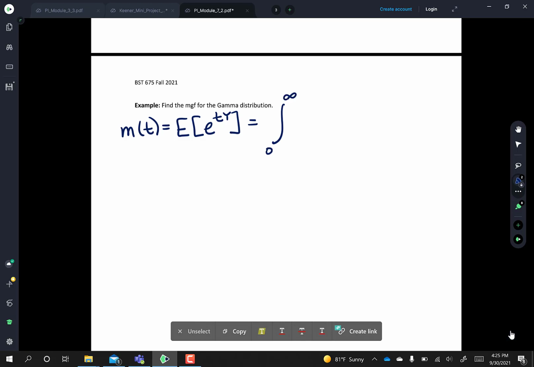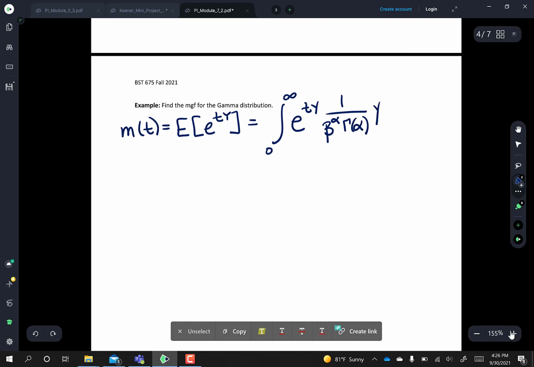And remember, this is for a gamma distribution. So for the gamma distribution, y is defined for 0 to infinity. So that's why I'm integrating from 0 to infinity here. We have e to the ty, times 1 over beta to the alpha gamma of alpha, y to the alpha minus 1, e to the negative y divided by beta, dy. And so here we just have the density function for the gamma distribution.